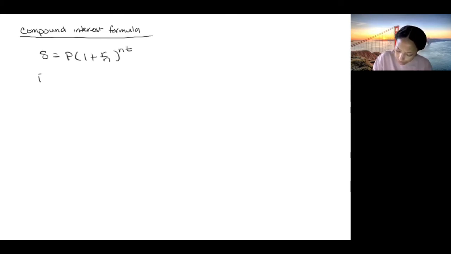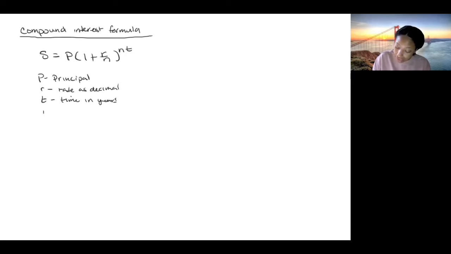P is called the principal. That's the initial amount of money that you invest. R is the interest rate as a decimal. T is the time in years.